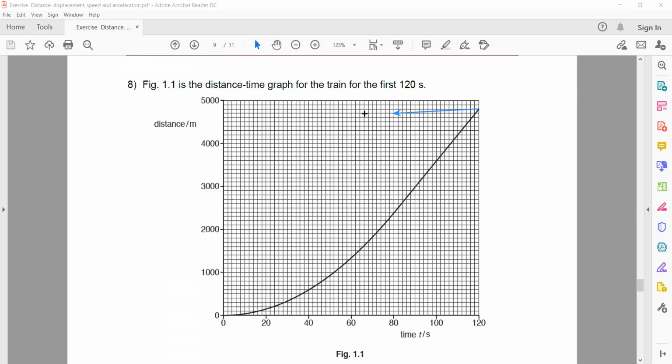So what is the total distance traveled? It's 4,800 meters, and the total time is 120. So you will get average speed equal to 4,800 divided by 120. So it will be 40 meter per second.